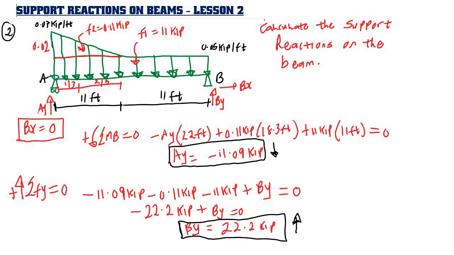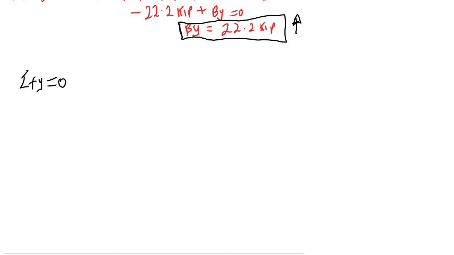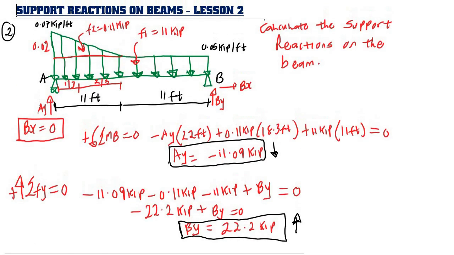So the first force we have is AY, and AY is negative 11.09 kip. Then the next force is 0.11 kip, and this is downward, so meaning this is negative 0.11 kip.